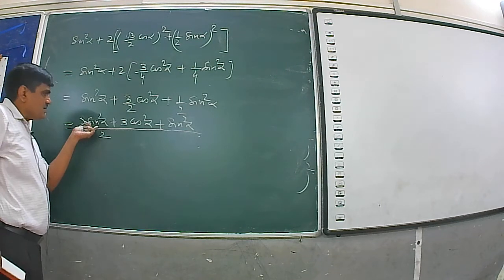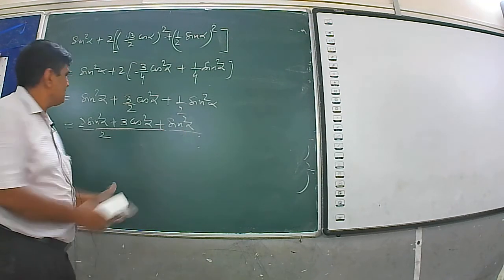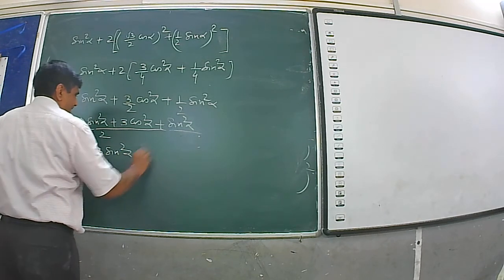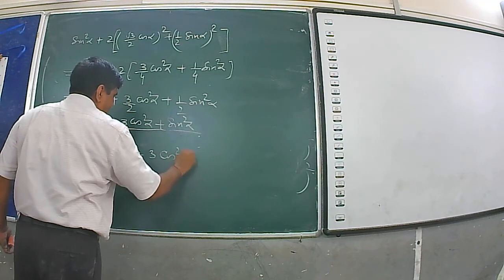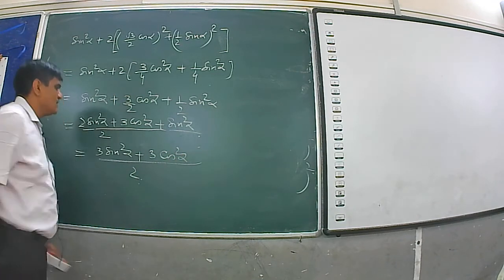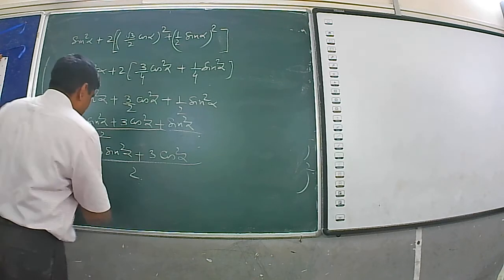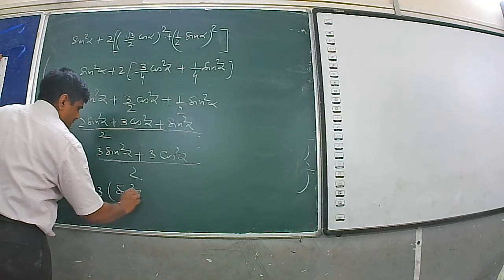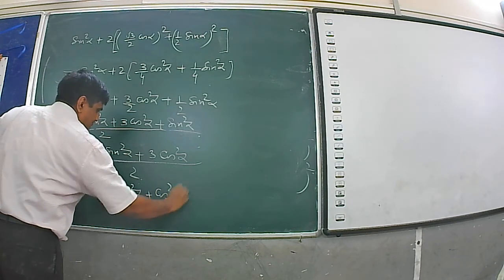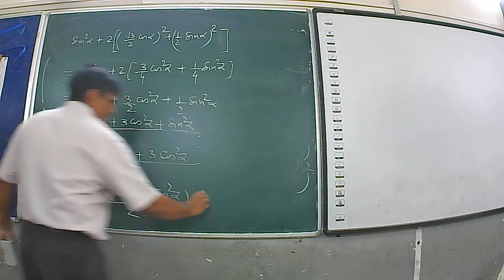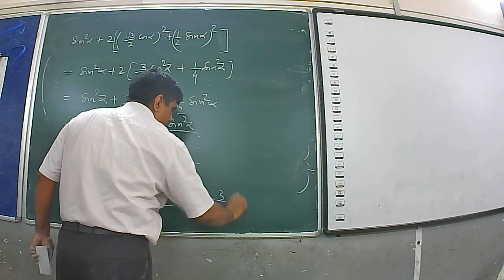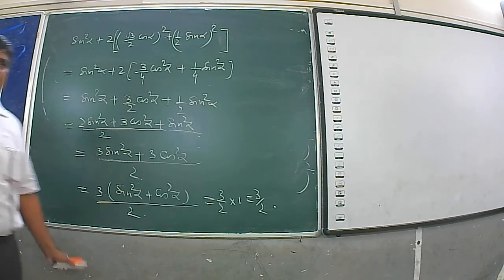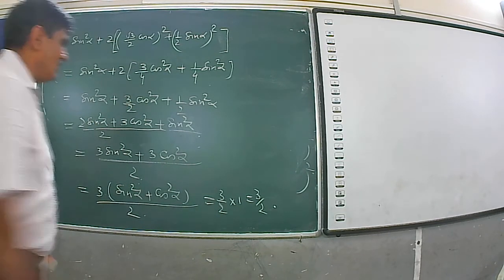Now 2 sin square alpha plus sin square alpha, 3 sin square alpha, 3 cos square alpha by 2, and 3 is common. Sin square alpha plus cos square alpha by 2, and 3 by 2 into 1, 3 by 2, equal to RHS.